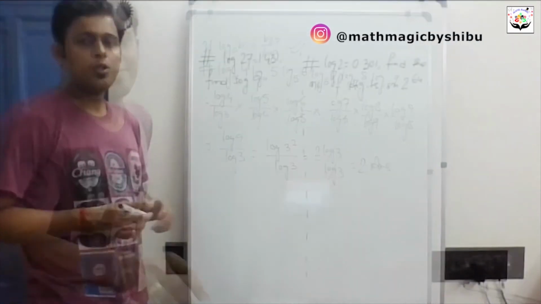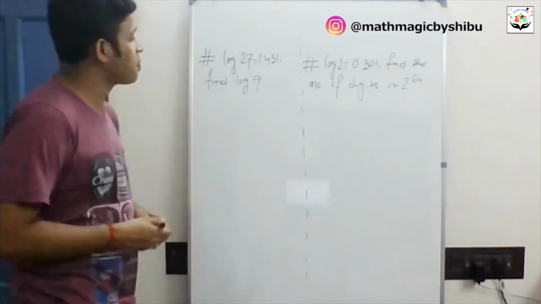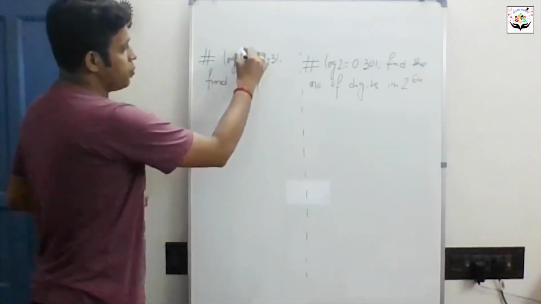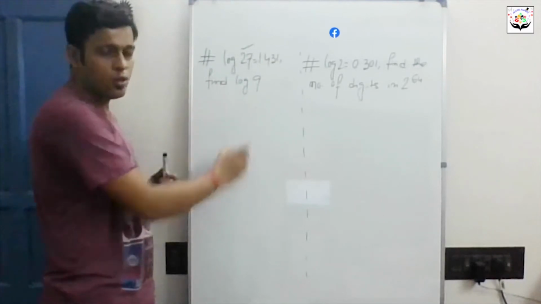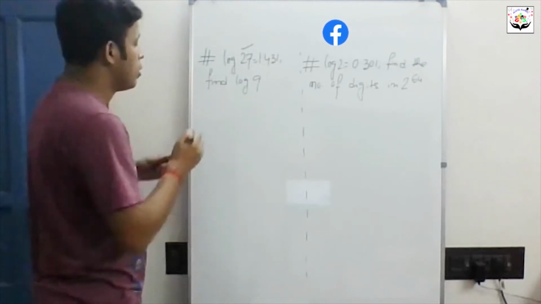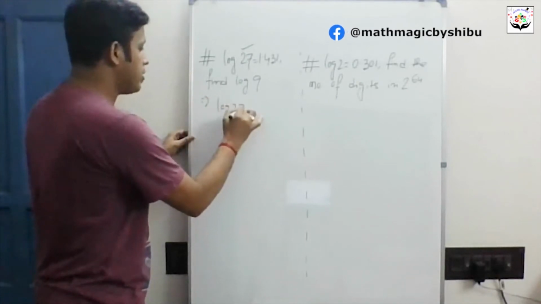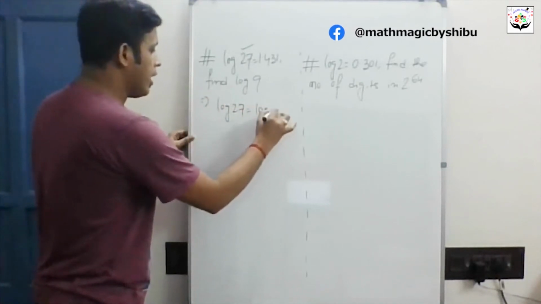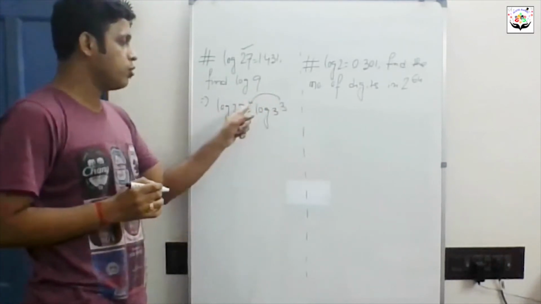Our next problems on logarithm are these two. We have the value of log 27 and we need to find the value of log 9. From the given value of log 27, can we write it as log 3 cube, and further bring this power to the coefficient?